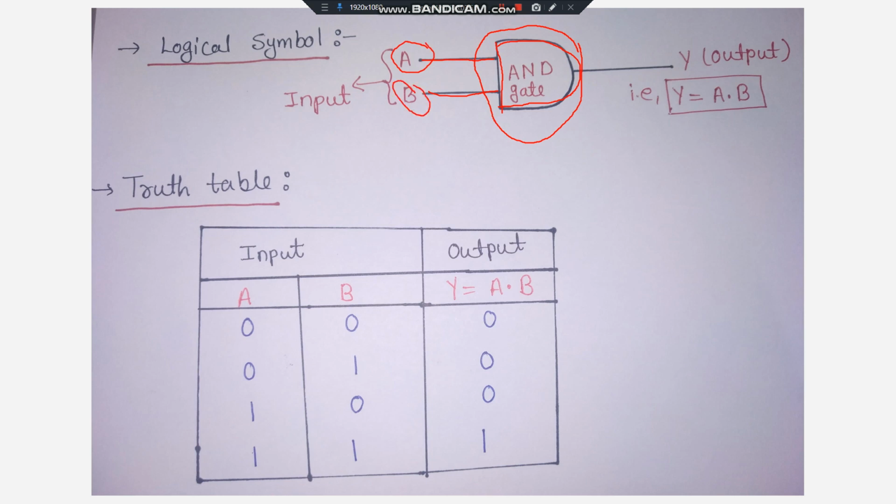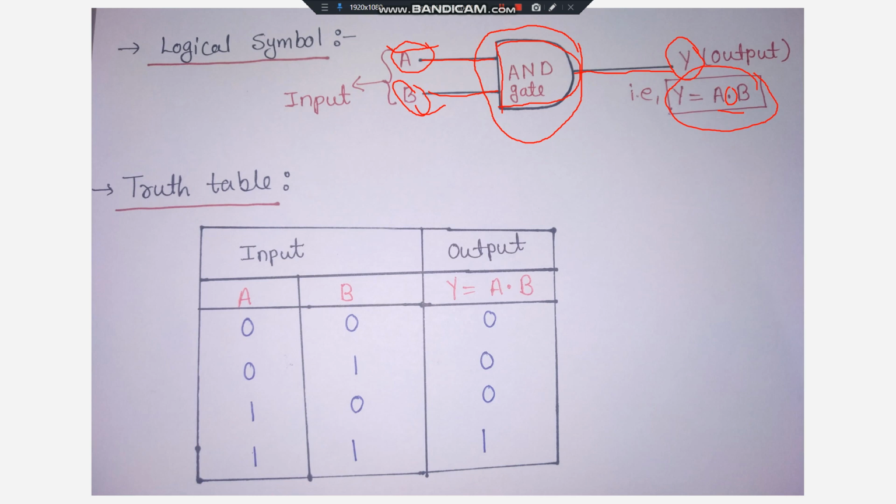Clear? And here there is an output, at this terminal, where I have written Y to represent the output. At the output we will get the expression A and B joined by putting a dot in between. So this is the output for the two input AND gate.